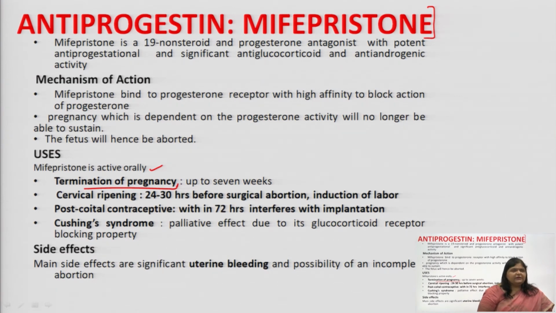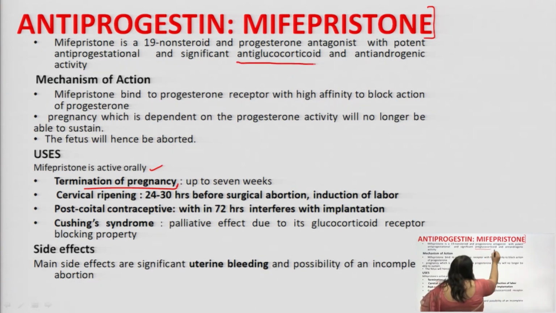Then it is used as a post-coital contraceptive, which we also call the emergency contraceptive pill. We will be talking about it shortly. Then it is also used in Cushing syndrome because of its glucocorticoid receptor blocking property, because it has anti-glucocorticoid action also.